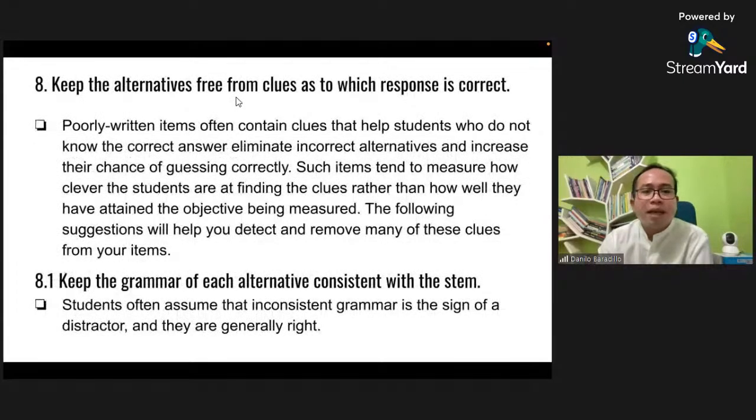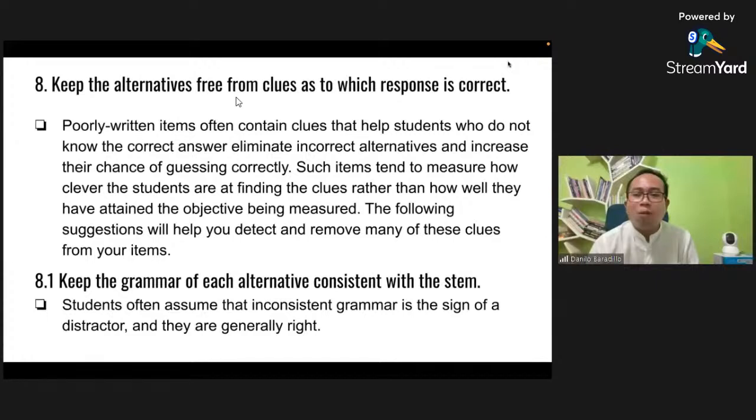Okay. Number 8, keep the alternatives free from clues to which response is correct, right? Poorly written items often contain clues that help students who do not know the correct answer eliminate incorrect alternatives and increase their chance of guessing correctly. Such items tend to measure how clever the students are at finding the clues rather than how well they have attained the objective being measured.